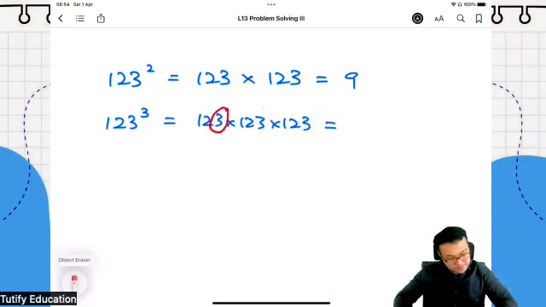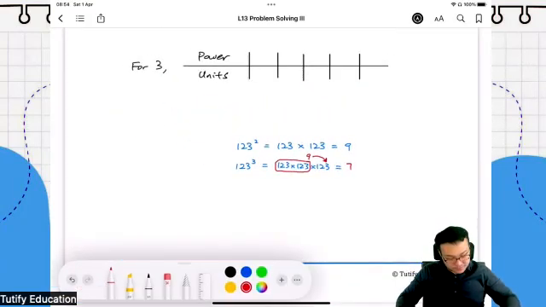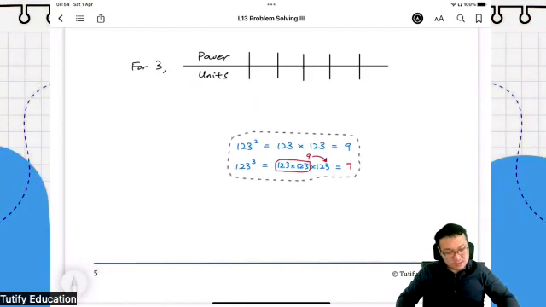You know why? You already know that this one has a last digit of 9, right? Then just do 9 times 3. Then 7, yes, 27. So easy. You don't need to keep on doing the whole thing. You just find the pattern. You have to find a pattern.